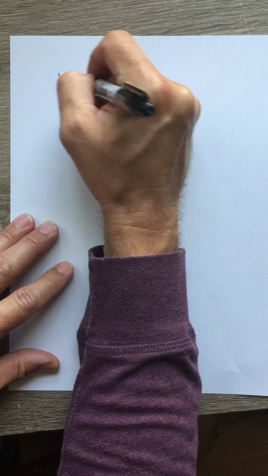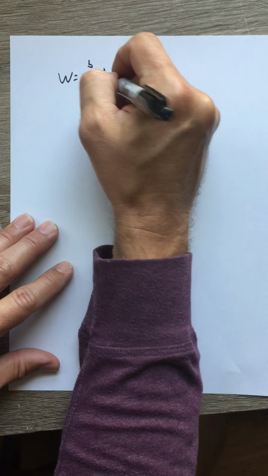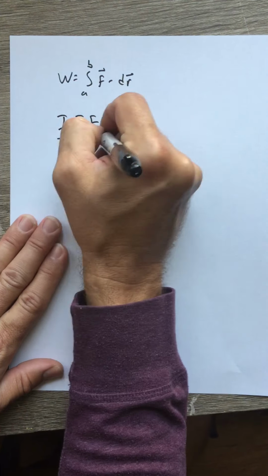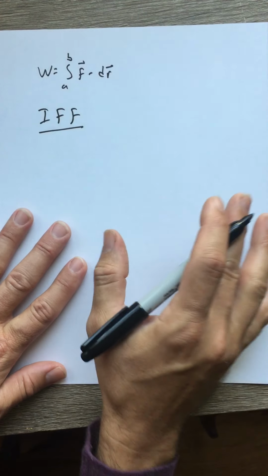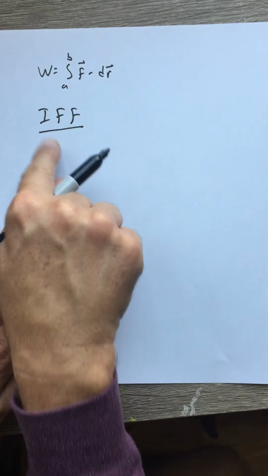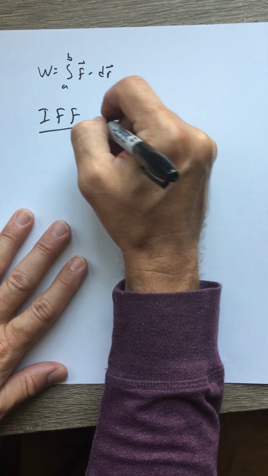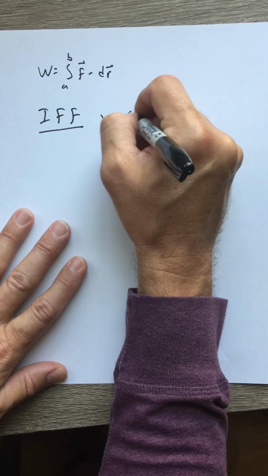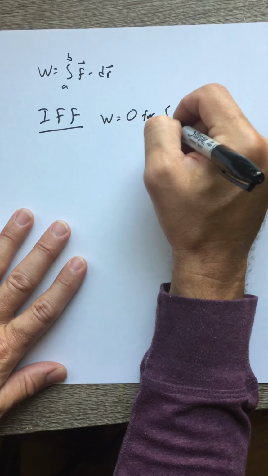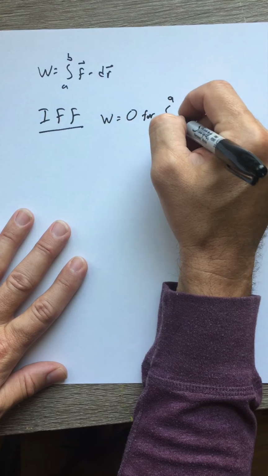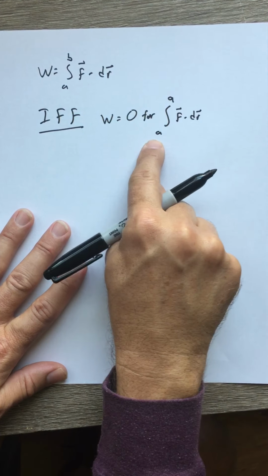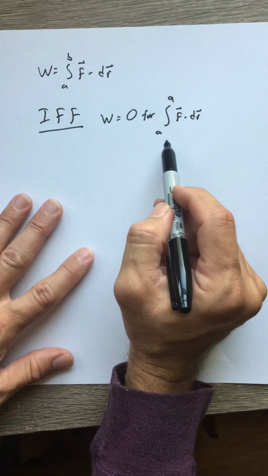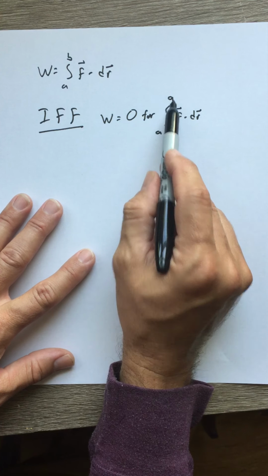Work is equal to the integral from a to b of F dot dr, if and only if, that's math speak for necessary and sufficient condition, this is the case: from point A to point A. And the implication here, I'm going to rewrite this more mathematically in just a second, but the idea is you're actually moving along some path, but you get back to where you started.